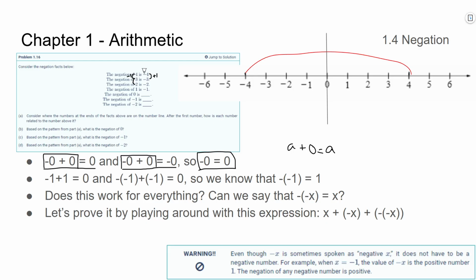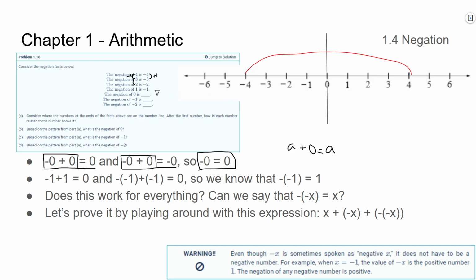So if we follow this pattern, we've got positive numbers on this side, negative numbers on this side. If you want to say negation of 0 is -0, people don't generally talk about -0. So negation of 0 is just 0. But we also know that -0 and 0 are the same thing. So saying -0 here wouldn't technically be wrong, but again, people don't usually talk about -0.